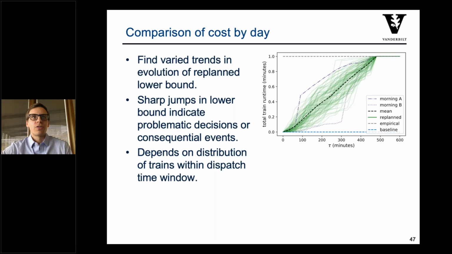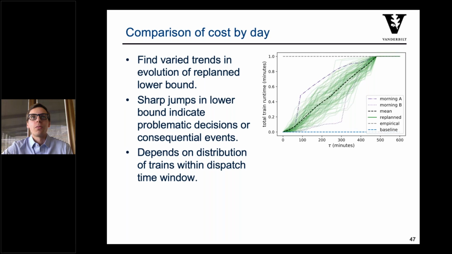So I just composed a few of these dispatch periods during a month of operations onto this single graph, and you can see that certainly the patterns under which the replanning cost is distributed can vary quite widely.